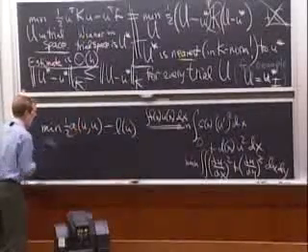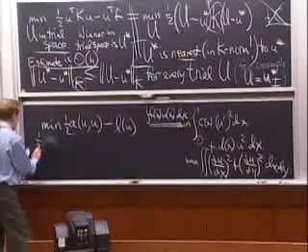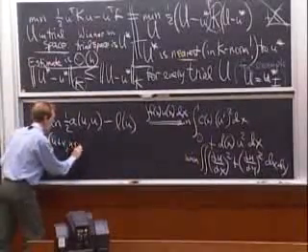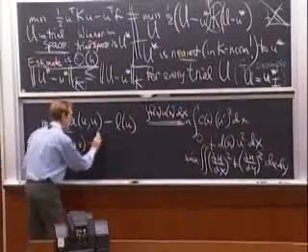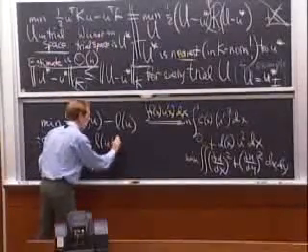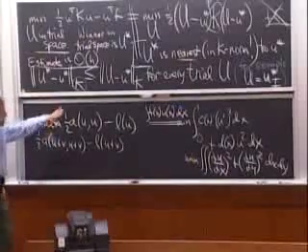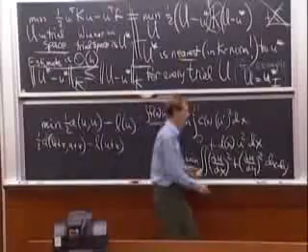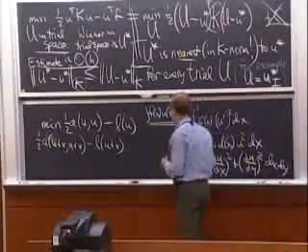I'm going to compare that with 1/2 A of U plus V, minus L of U plus V. And the point is that this guy should be, then I'll erase min and put in less or equal to.